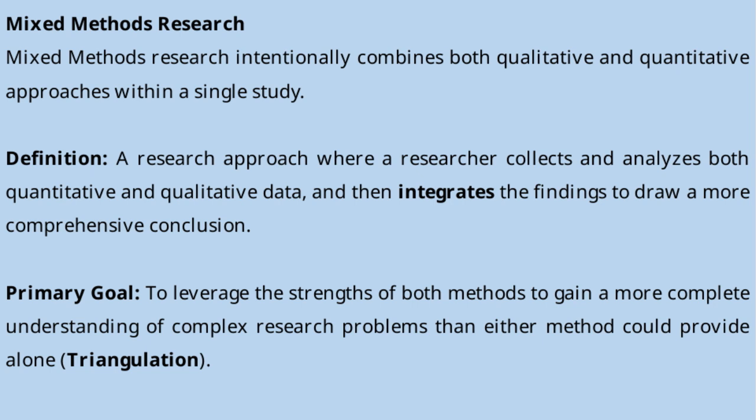The main goal is to leverage the strengths of both methods. By doing so, we can understand complex research problems more deeply than we could with just one approach alone. This process is often called triangulation because it cross-verifies results from different methods, increasing our confidence in the findings. Overall, mixed methods research is about creating a richer, more nuanced understanding by thoughtfully combining diverse data sources.